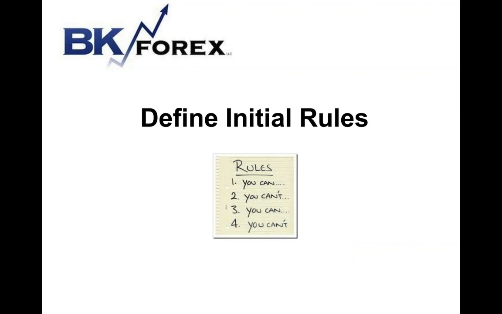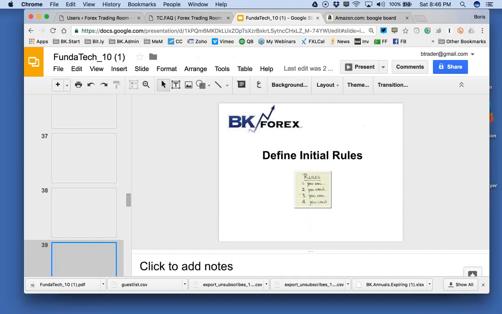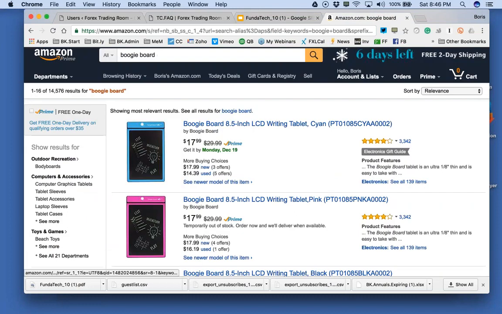And of course, defining initial rules, right? What are you going to do? How are you going to do it? Sometimes, I love using the boogie board just to sketch out visually what I think is going to work, what I think is not going to work, right?